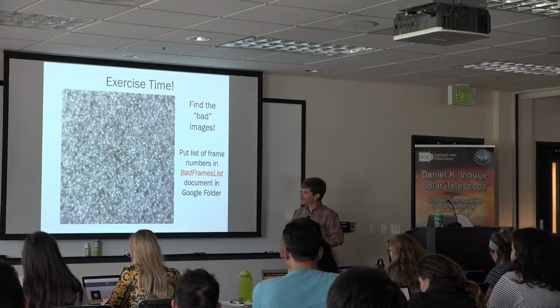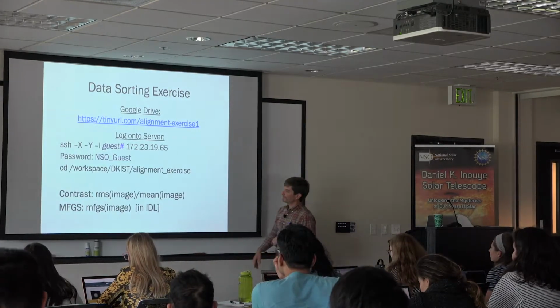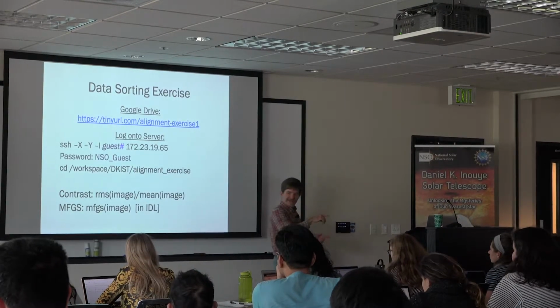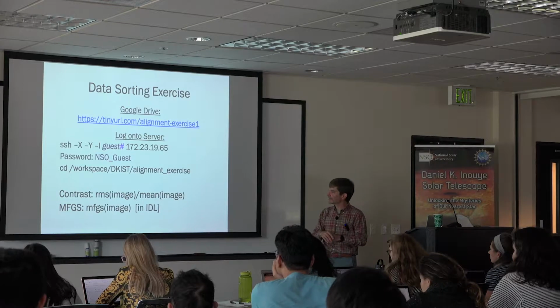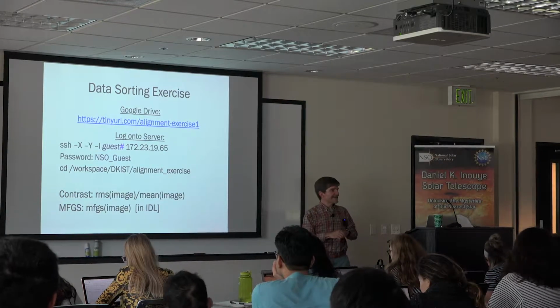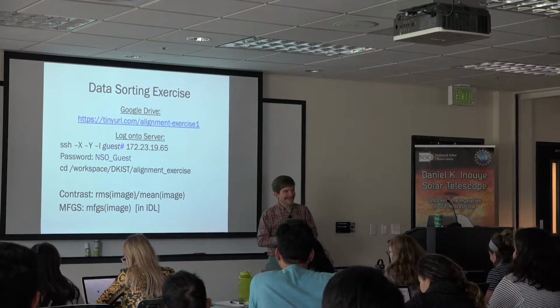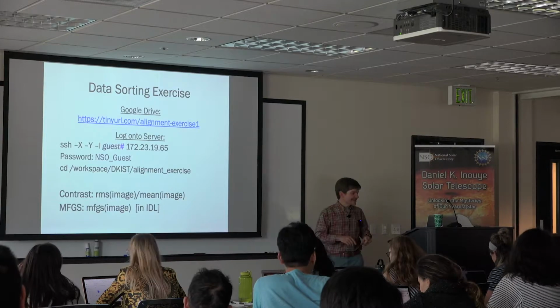And there's an IDL program. Jonathan has made an IDL program, and Momo, that does the MFGS calculation. It's in IDL still, but there's a Python version, but I don't have it in the Google Drive yet.